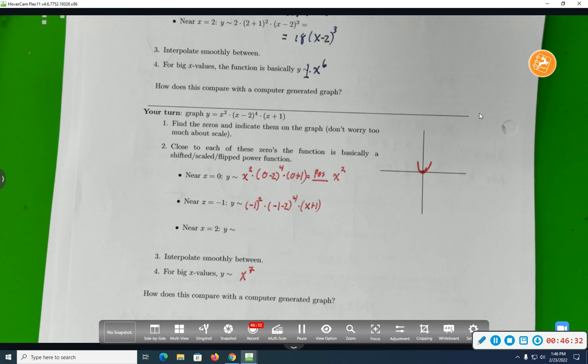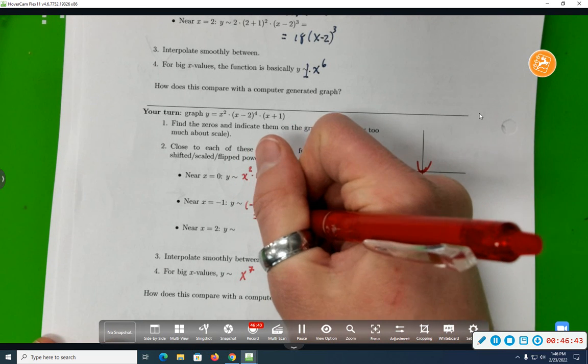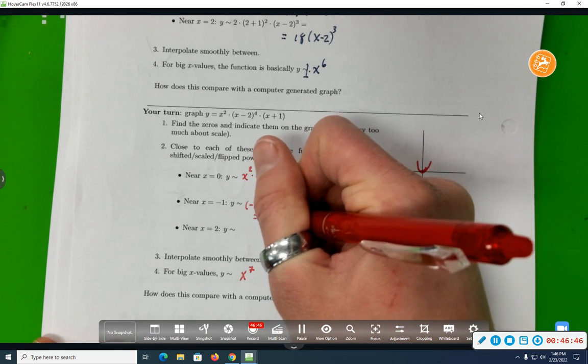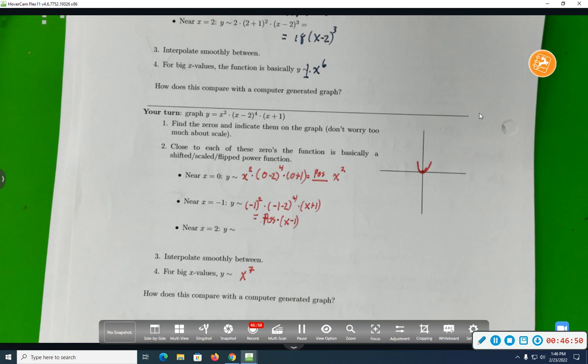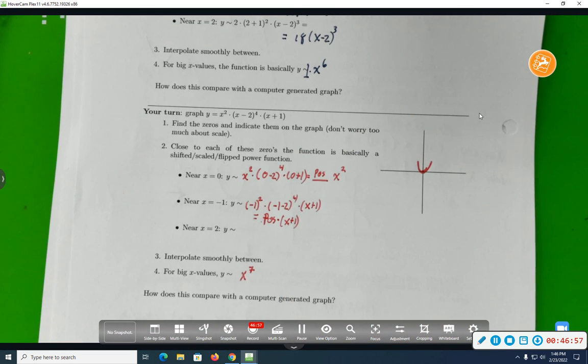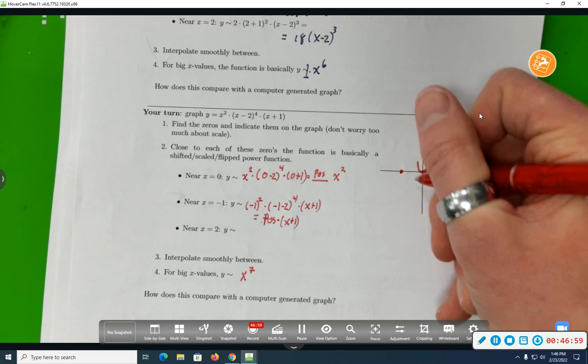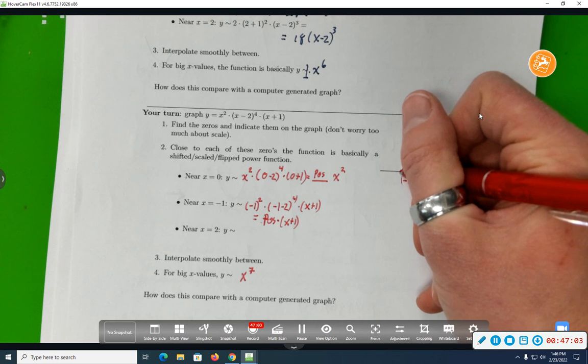Is it a positive times x plus 1 or a negative times x plus 1? Positive. A positive number times x plus 1. Yeah, of course it's x plus 1. Thank you. So that means here, close to negative 1, 0, I should see a straight line with positive slope.